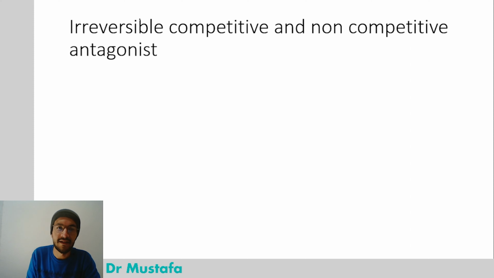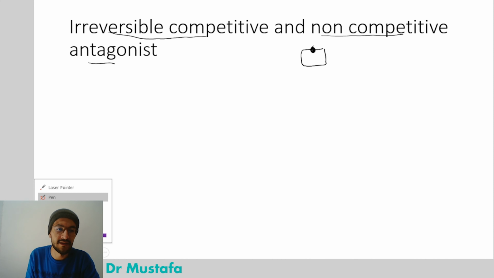Now for the irreversible competitive and the non-competitive antagonists. We mentioned before that the irreversible competitive antagonist would bind at the same site as the agonist does. So if this is the agonist, and here we have the irreversible competitive antagonist, it would bind on the same site as the agonist, but with a strong bond.